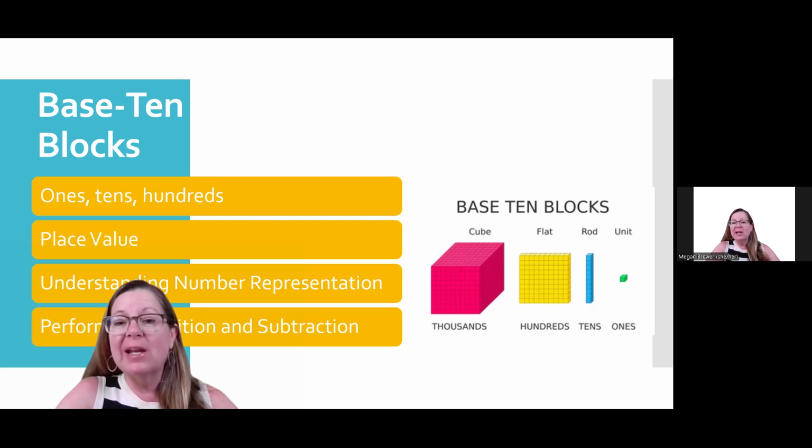Students will relate the strategy to a written method, understanding that in adding and subtracting three-digit numbers, one adds or subtracts hundreds with hundreds, tens with tens, and ones with ones. And sometimes it's necessary to compose or decompose those hundreds or tens. So that's going to lead them to understanding the standard algorithm in later grades.